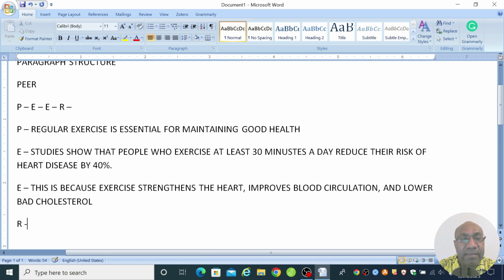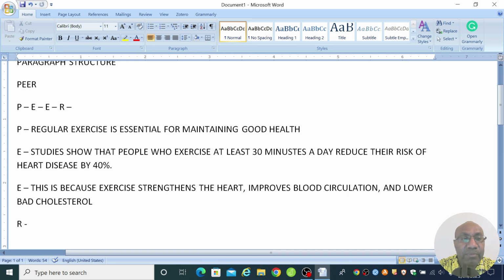And then the last sentence could be you are repeating the point that you made in your first sentence. Or you could be, if you're using L for linking, it becomes the linking sentence to the point that you made with the first sentence in the beginning of the paragraph.